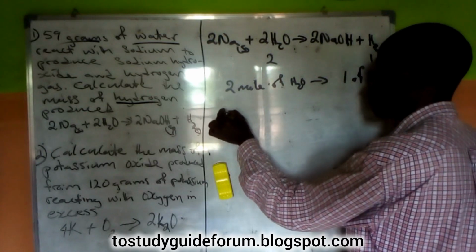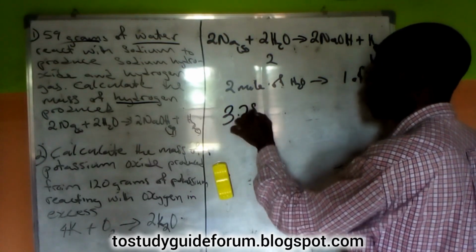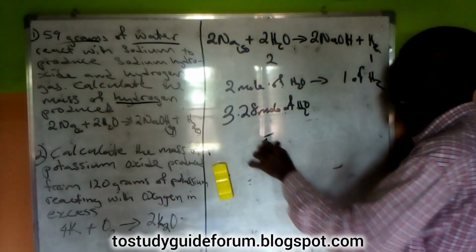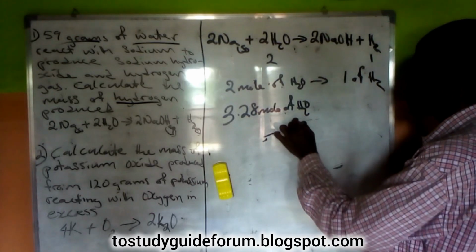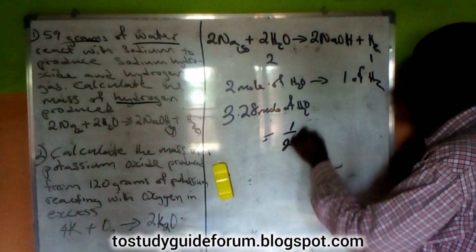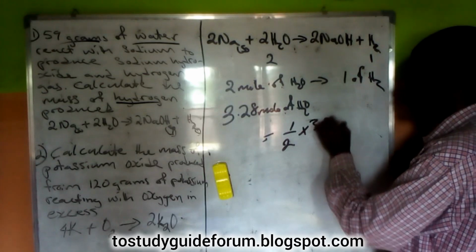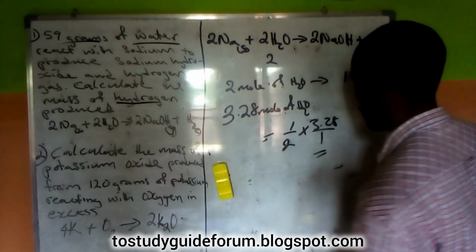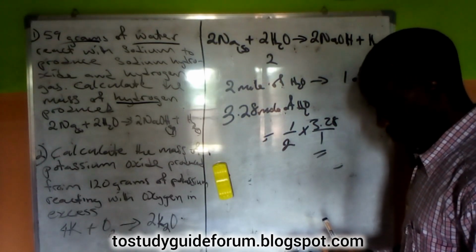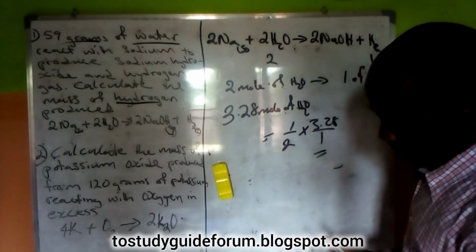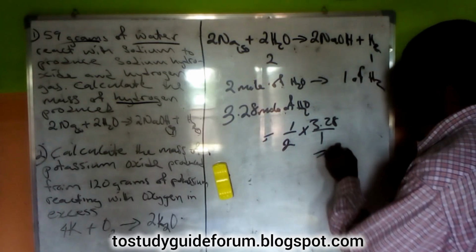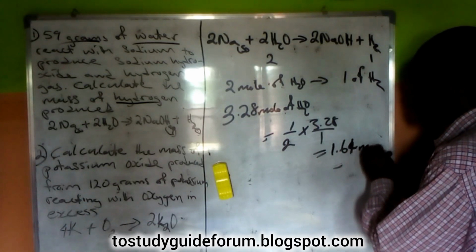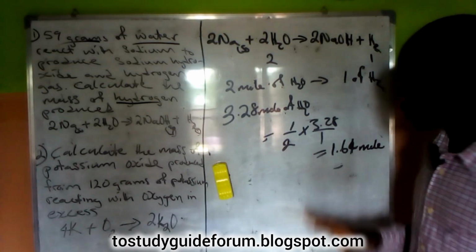So 3.28 moles of water will then give us 1 over 2 times 3.28 over 1, divided by 2. 1.64 approximately moles. So now that is what we have as the number of moles.